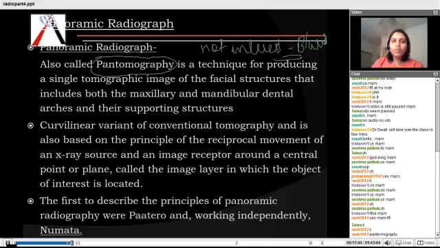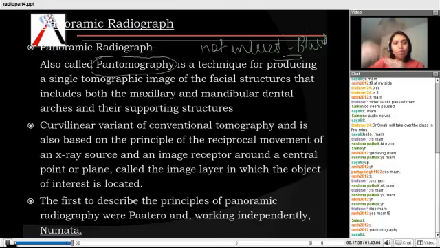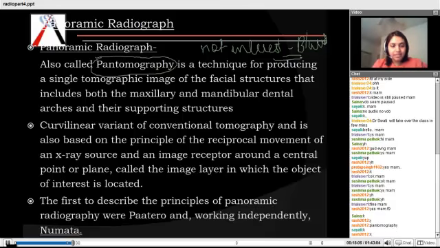Today we will see how we do that. Whatever we want to record, we'll make sharp, and whatever we don't want, we'll make so blurred that those structures will not interfere with our observing of the structures we are interested in, right?